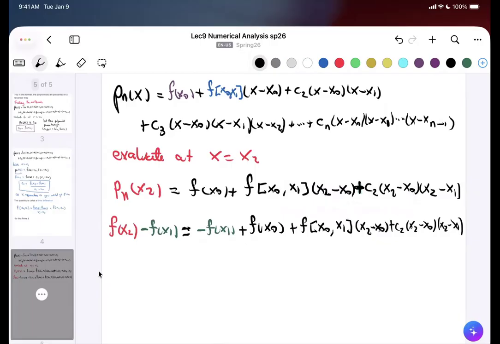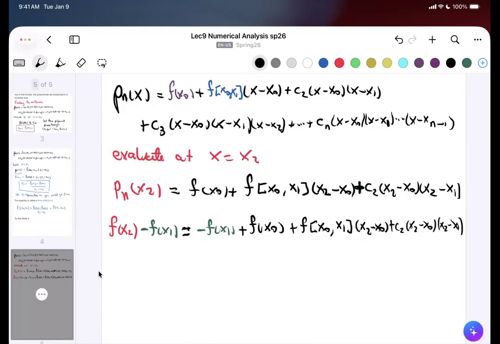Just to write down the formula for the divided difference, I'll write it with A and B so that it's not biased, because I'll use it a couple of times. So f of A comma B is f of B minus f of A over B minus A. That's how you should think about the divided difference.